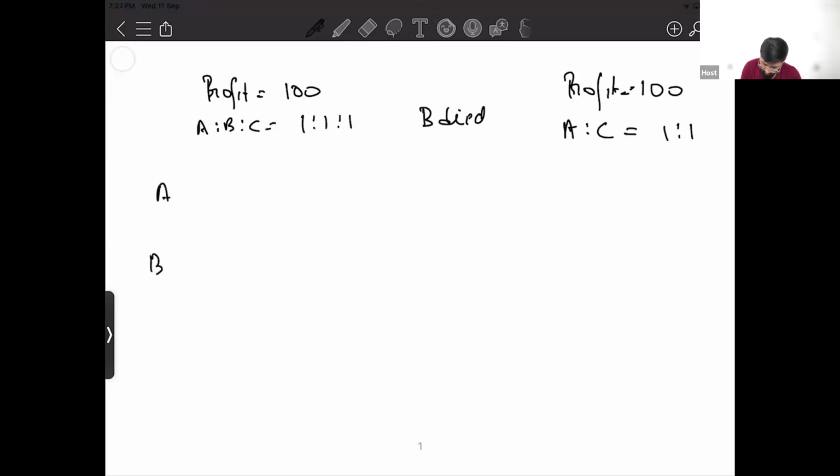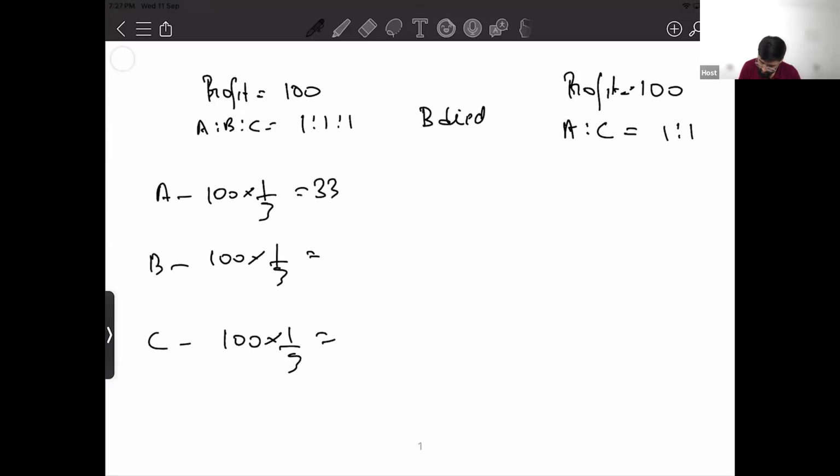Let's distribute this profit. Profit is entire 100 into 1/3, 100 into 1/3, 100 into 1/3. So each partner will get 33.33, taking it up to 2 decimals. So this way 100 will be distributed in the ratio.